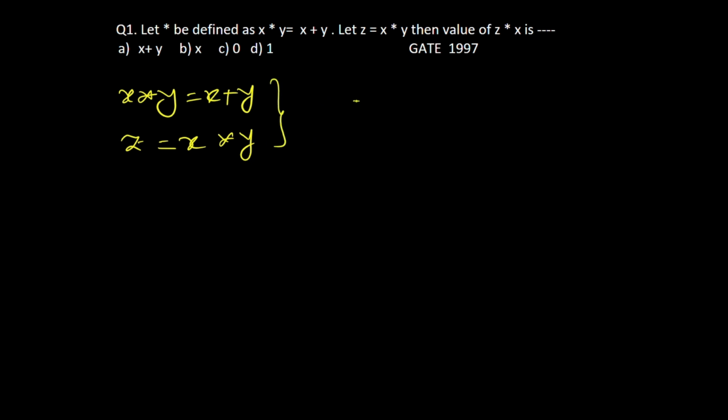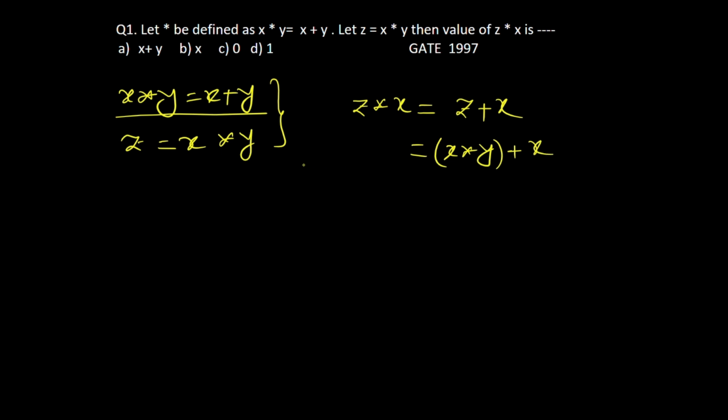We have to find the value of z star x. Here z star x is basically z plus x. From this equation we get this, and now z equals to x star y plus x.